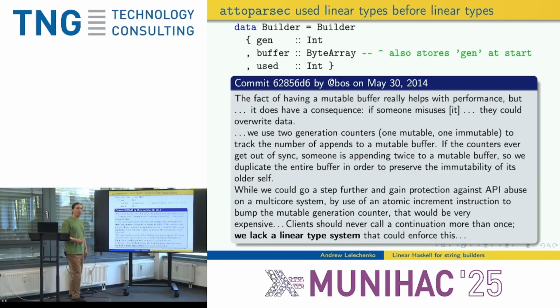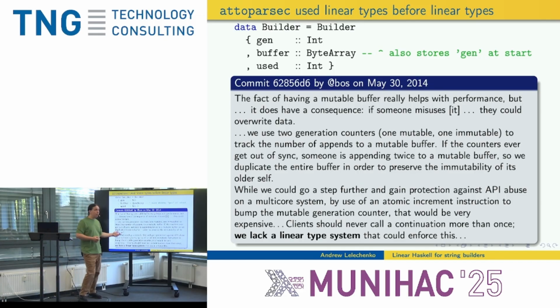And if someone happened to pass the same builder to two functions, each of them trying to append something, we will catch it because these numbers will not be in sync. In this case, we will have to do additional work, but hopefully it's not that often.